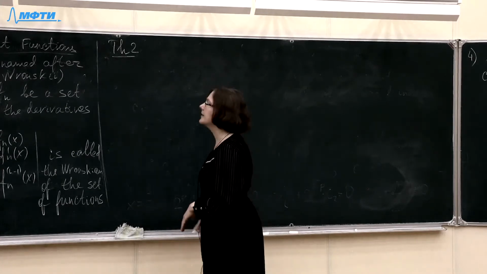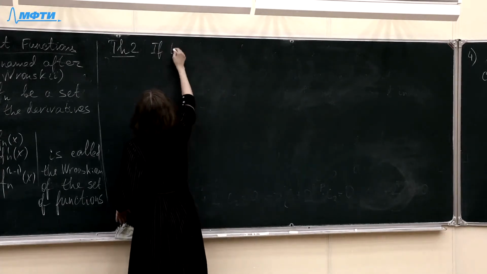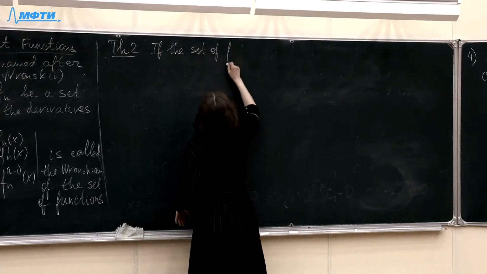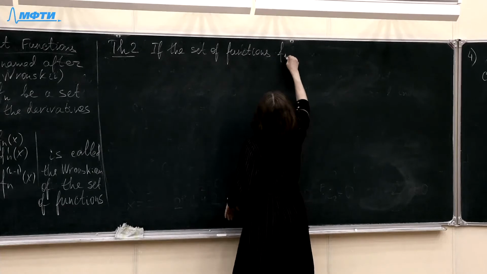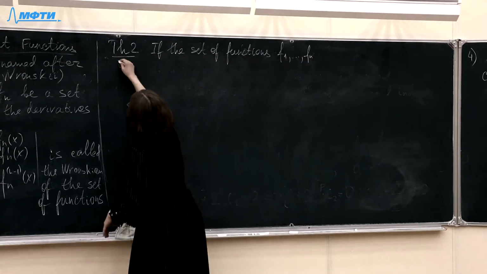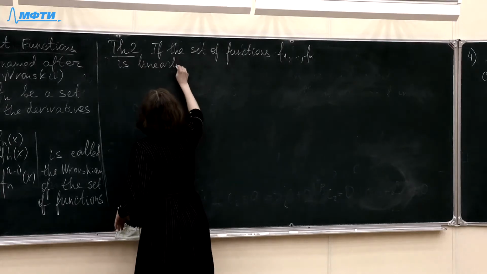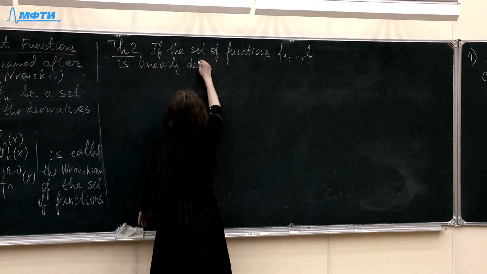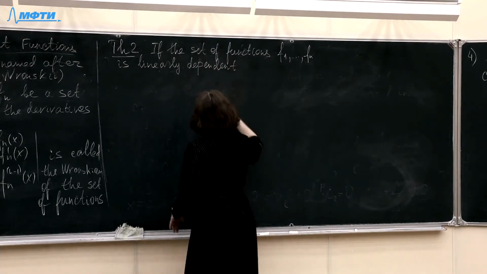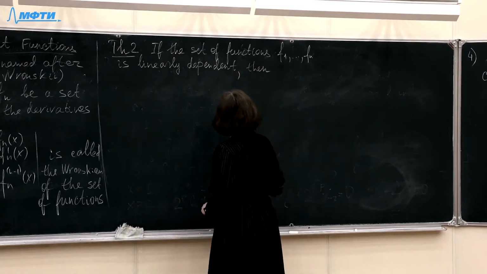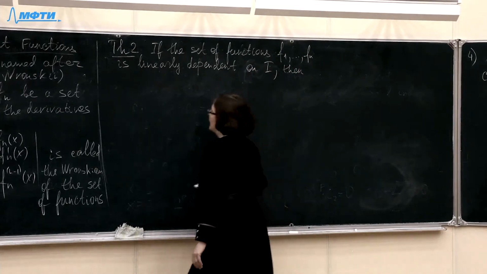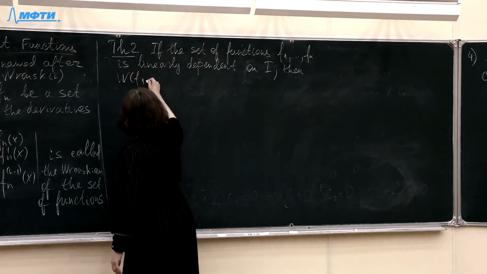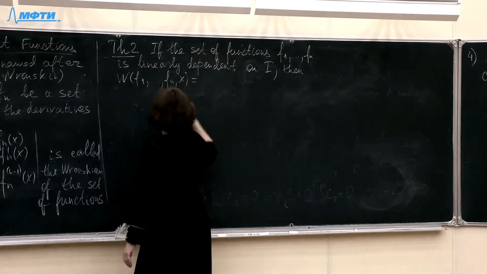If the set of functions is linearly dependent on some interval I, then the Wronskian is what?